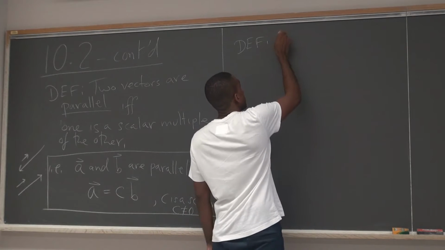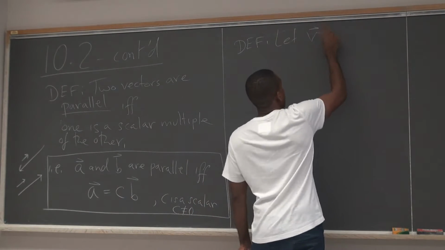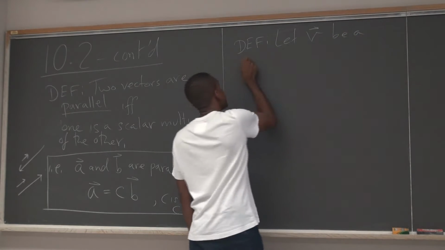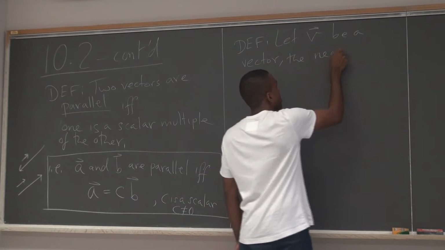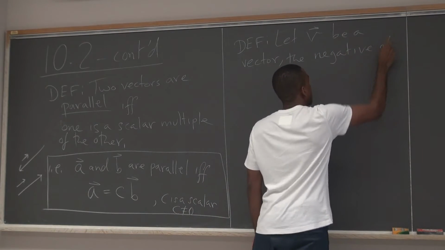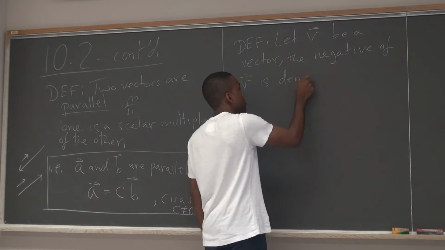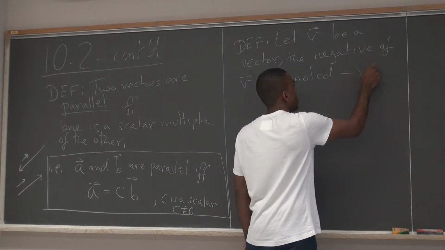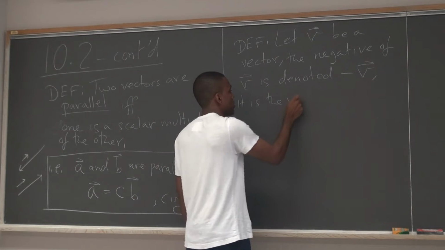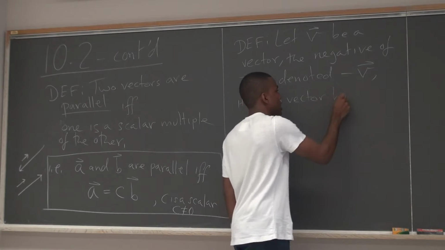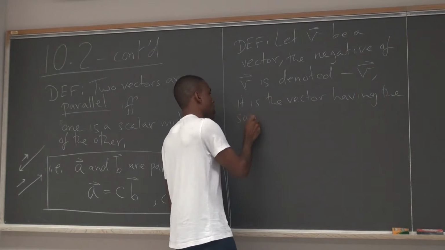We also want to talk about the negative. Let V be a vector. The negative of V is denoted minus V. It is the vector having the same magnitude but opposite direction.